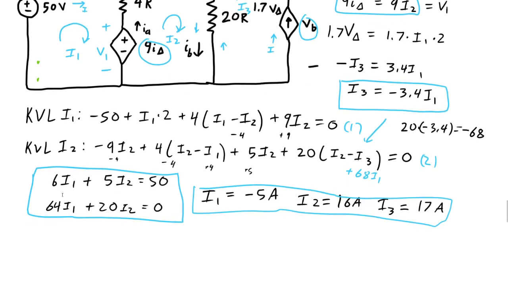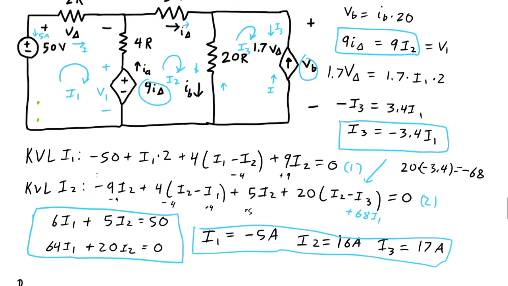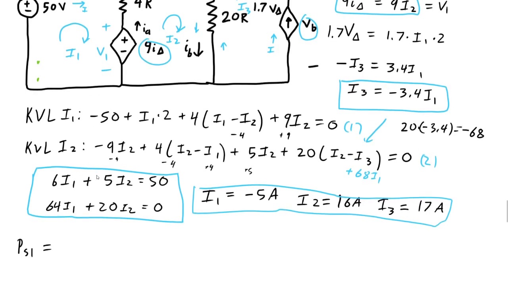So the power, let's do the 50 volt source first. We have 5 amps going this way, and 50 volts is going plus to minus. Okay, so we're going to have a drop that's proportional to 50 volts times the 5 amps.